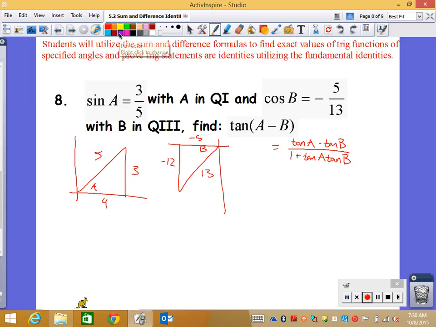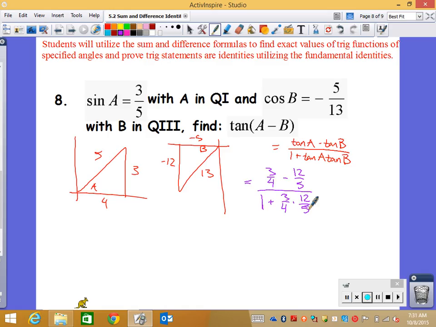Well, that's pretty straightforward. We have my triangles. The tangent of A, we get 3/4 minus tangent of B is 12 over 5, all divided by 1 plus tangent of A is 3/4 times tangent of B is 12 over 5.